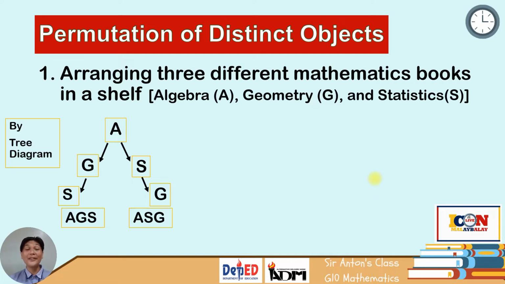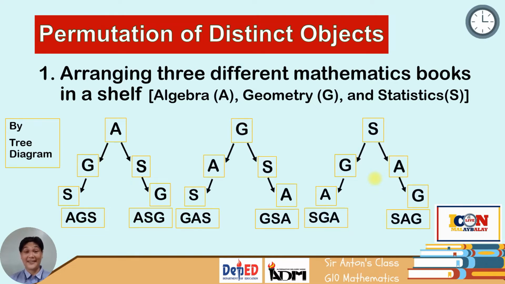In the same manner, if we're going to pick geometry or statistics first, it will be like this. So geometry, then we can pick algebra, then statistics. Or if we pick statistics next, then we can have algebra last. So we have 2 arrangements, geometry, algebra, statistics, and geometry, statistics, algebra.